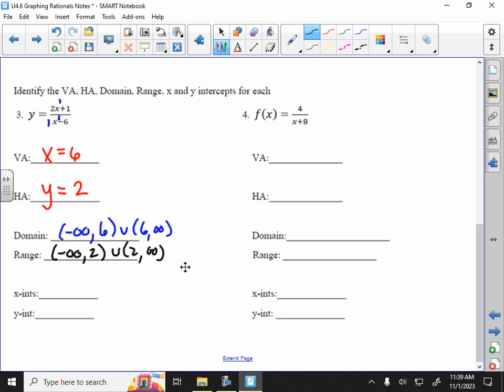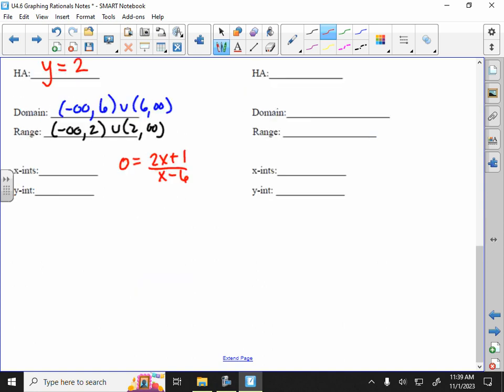All right, x-intercept. We replace y with 0 and solve for x. I'm going to show you what happens when we do that, and then I'll give you a shortcut on what you can do to solve it. So we're going to replace y with 0 in the equation. Now we want to get x by itself. So what we would do is multiply both sides by the denominator, x minus 6.